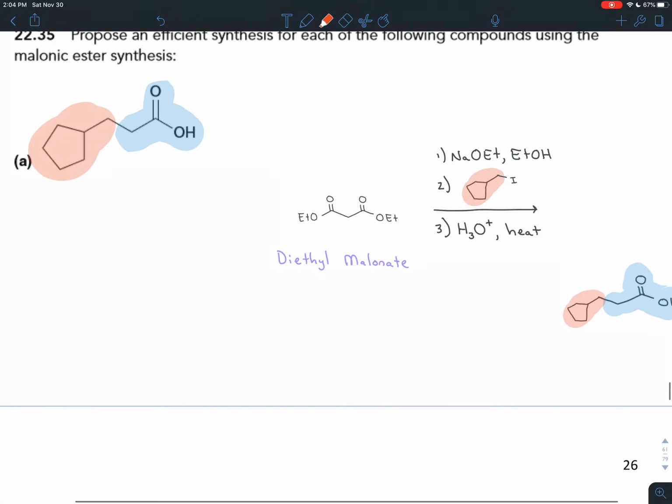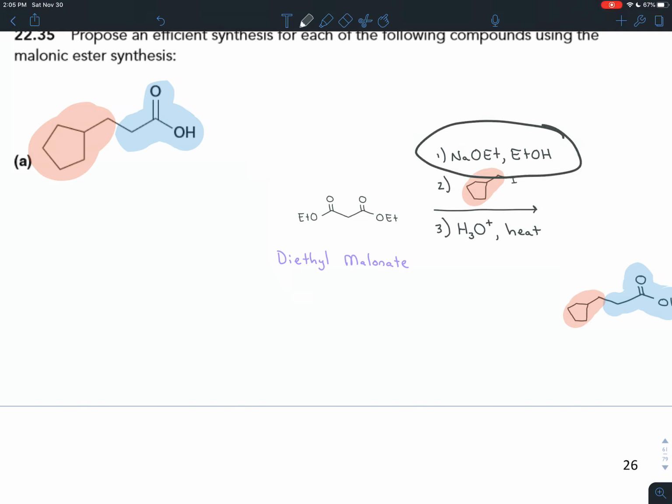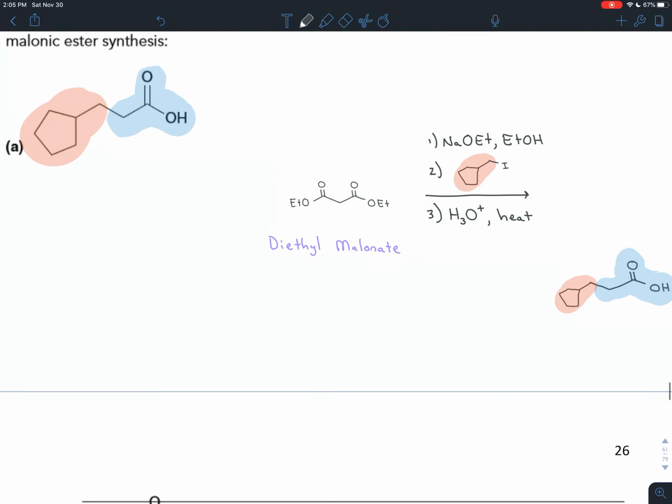So every time you use the malonic ester synthesis, you will draw out diethylmalonate. Make sure you can draw that molecule. The first step is always sodium ethoxide and ethanol. We discussed why in the previous video. Then you'll always have this alkyl halide that you're doing an SN2 reaction with, as we discussed in the previous video. And then the last step will always be hydronium and heat, which hydrolyzes the esters in diethylmalonate, and then the heat causes decarboxylation.